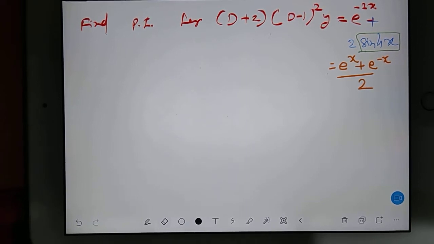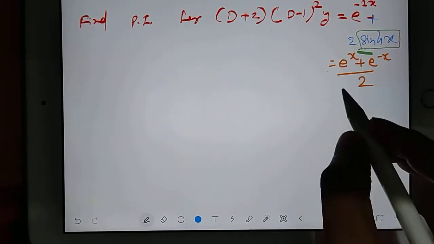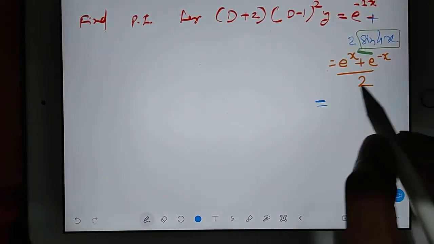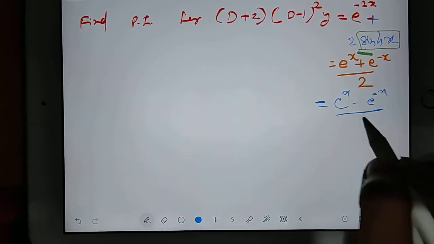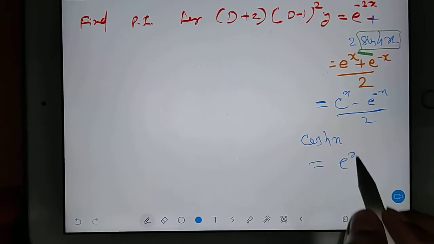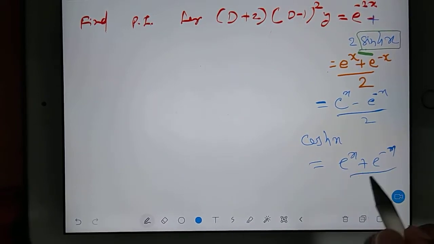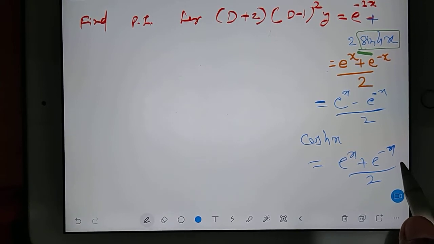Minus sign. Very good. So when you have sinh x, the formula is (e power x minus e power minus x) by 2. And for cosh x, it is (e power x plus e power minus x) by 2.